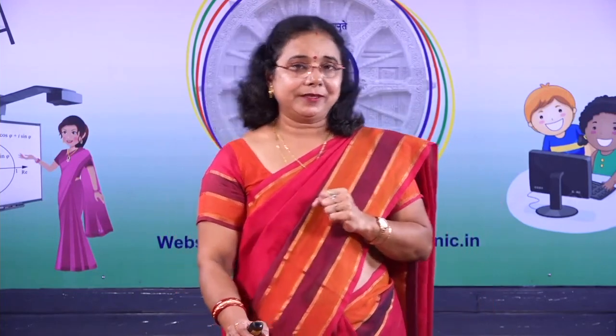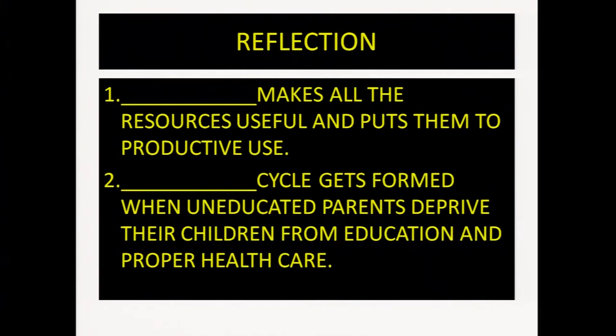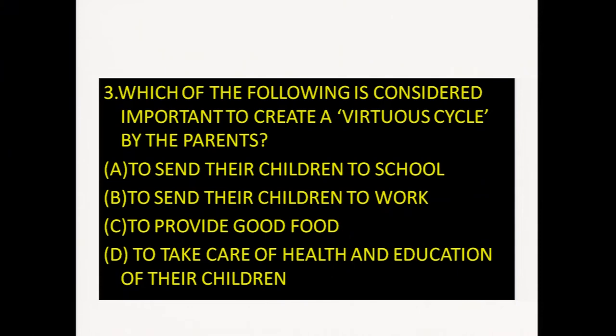Now the second question is, dash cycle gets formed when uneducated parents deprive their children from education and proper health care. Which cycle it is? Recall it. It is the vicious cycle. Which of the following is considered important to create a virtuous cycle by the parents?